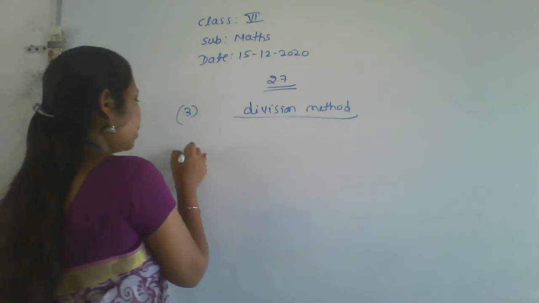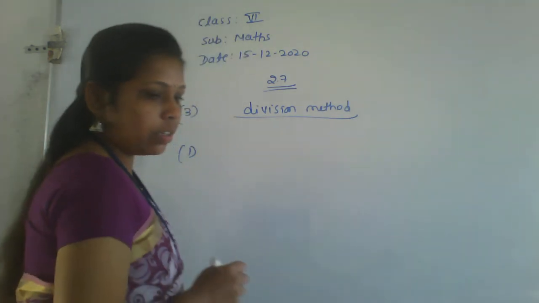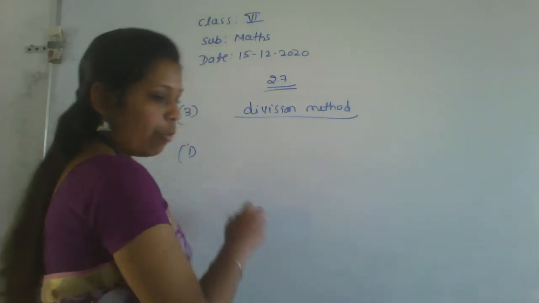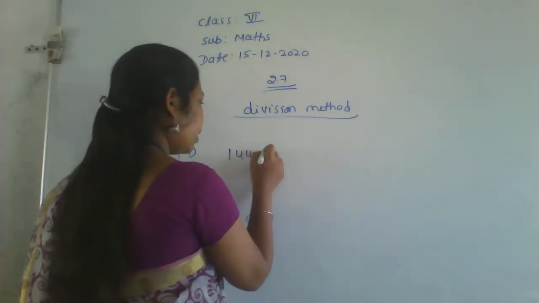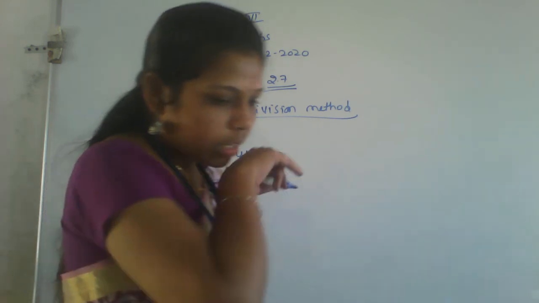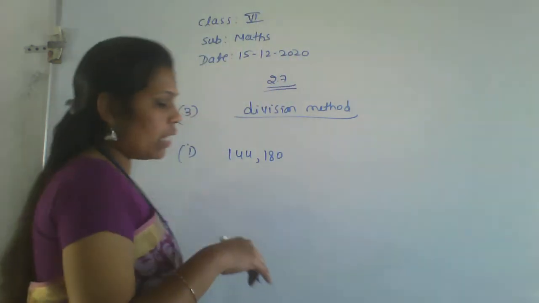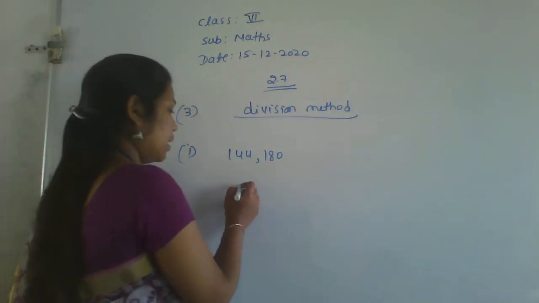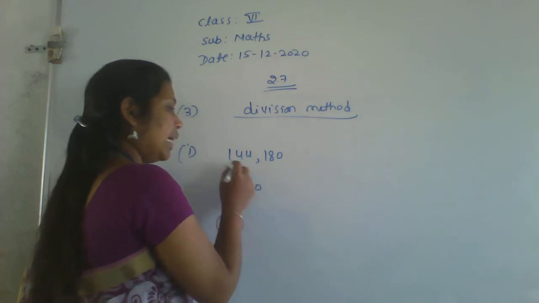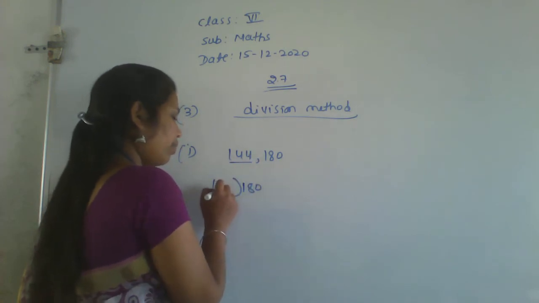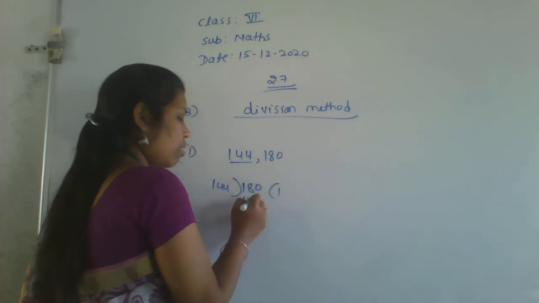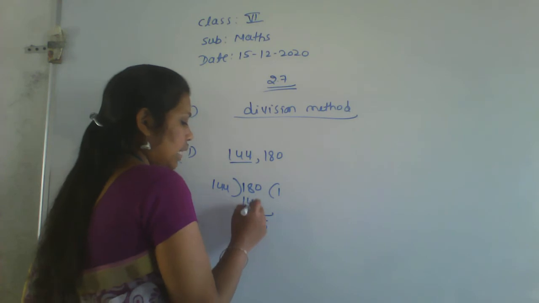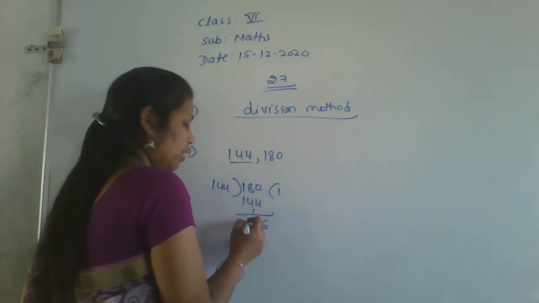First one we'll solve: 144 and 180. Using the division method, which one is greater here? 180 is greater, so take it inside and divide 180 by 144. 144 ones are 144. 180 minus 144 is 36.